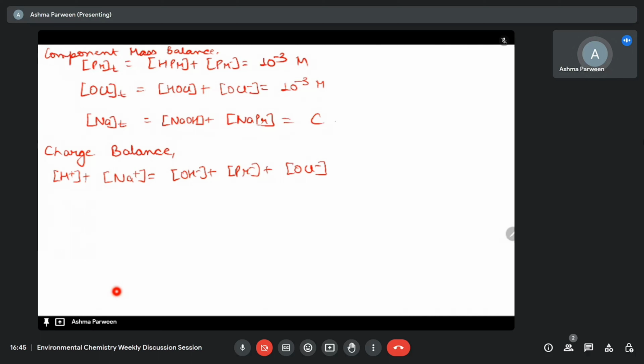So we have H plus plus Na plus. We can write OH minus in terms of Kw upon H plus, Pr minus as alpha naught times Pr total, and OCl minus as alpha naught dash times OCl total.